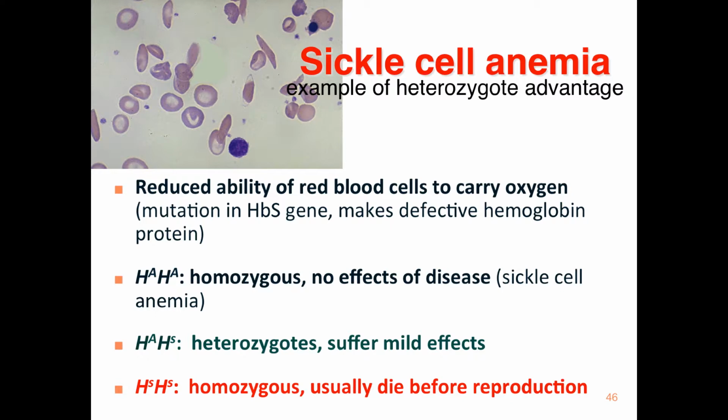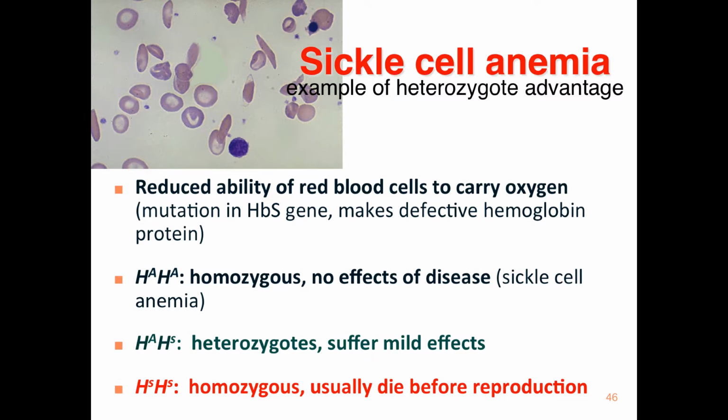In the case of sickle cell anemia, we have directional selection that is moving away from the disease allele. But it turns out that in heterozygotes, the disease allele actually confers resistance to malaria, because when the hemoglobin goes sickle, when the red blood cell goes sickle, it kills off the malarial parasite.